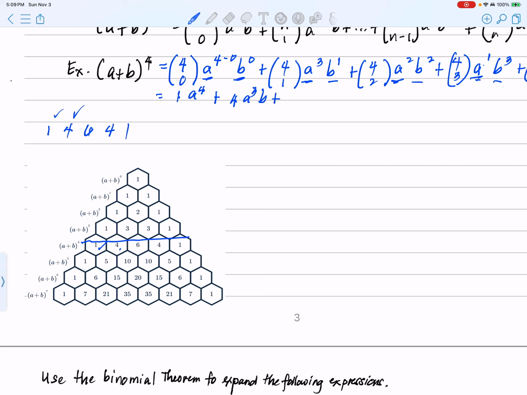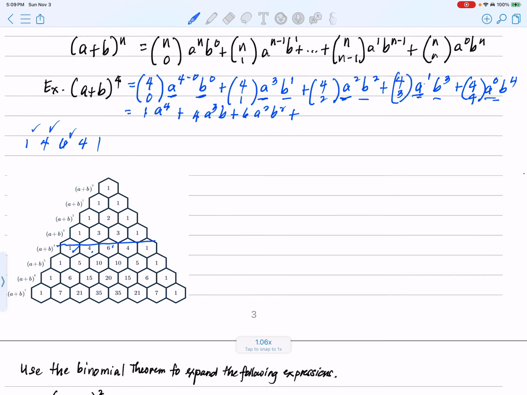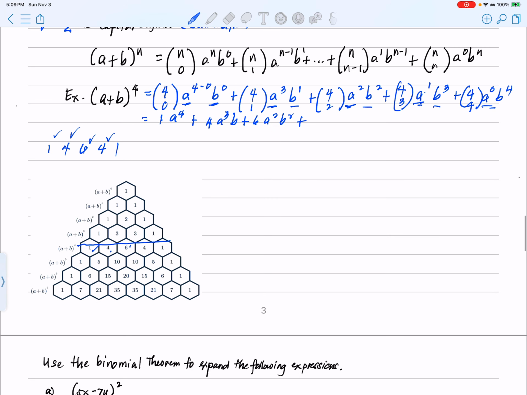4 choose 2 is 6, a squared, b squared. 4 choose 3 is 4, or again, a to the 1st, b to the 3rd. And 4 choose 4 is 1, a to the 0 is 1, 1 times 1 is 1, b to the 4th.